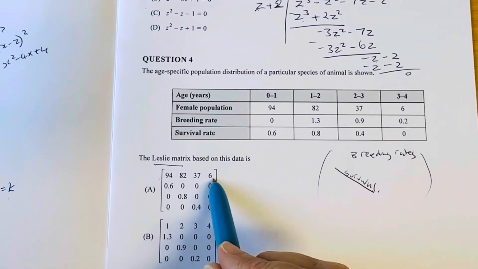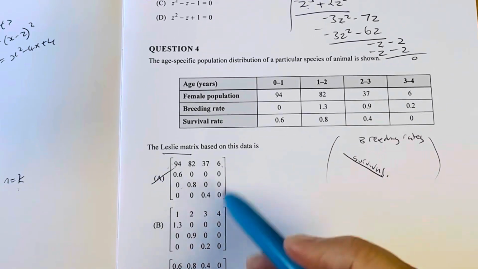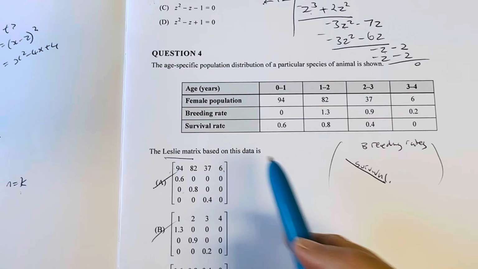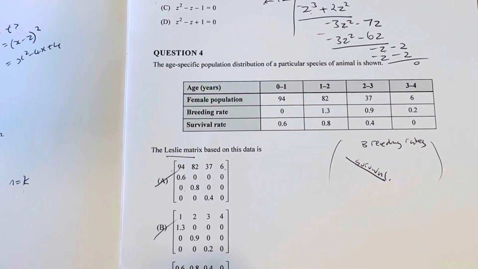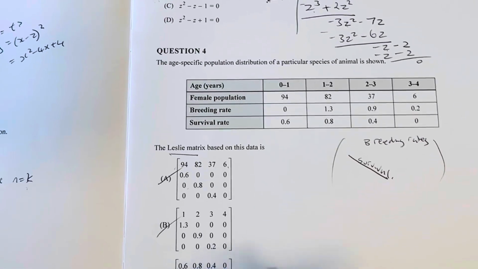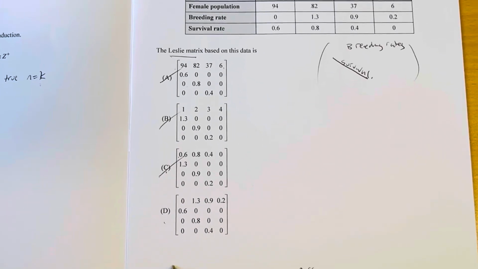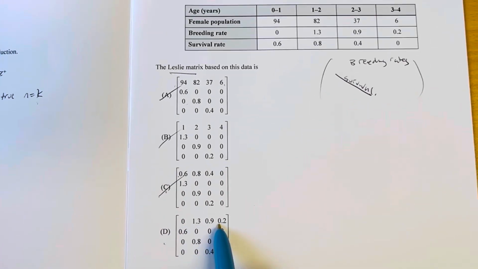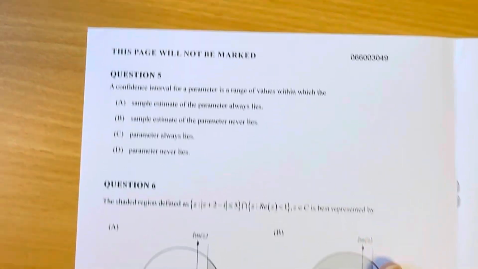So here they've used the population across the top, so it's not going to be A. B is just random. They've used the ages in years. C, across the top, they have used the survival rate, so it's not going to be C. So look at D. Sorry, D, they've got the breeding rates across the top and the survival rates on the diagonal. So D is our answer there. That's kind of a nice, easy one for you.